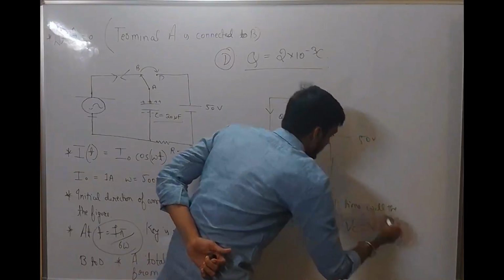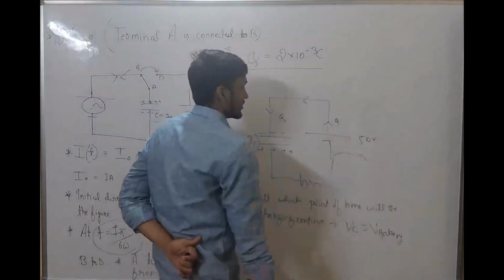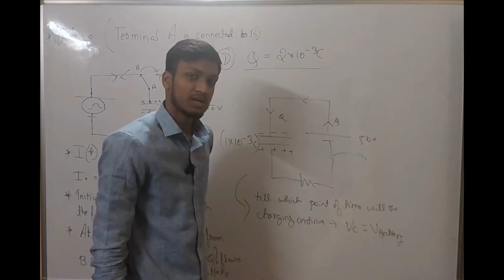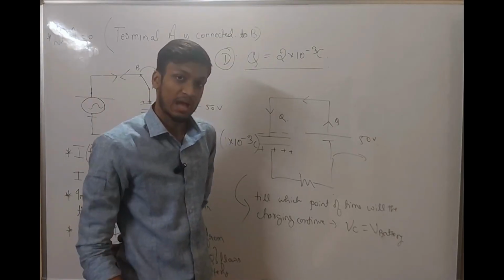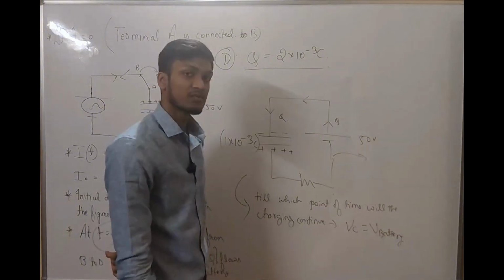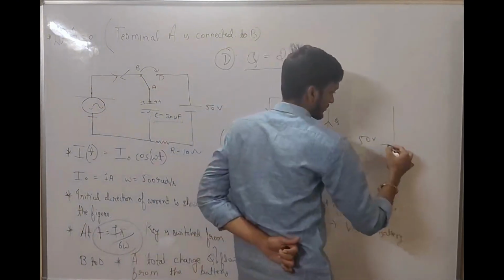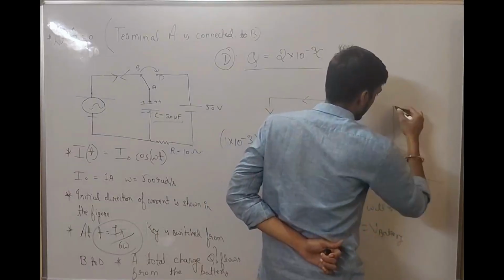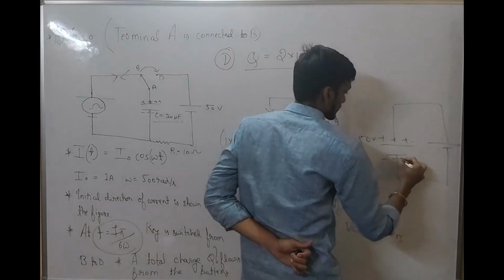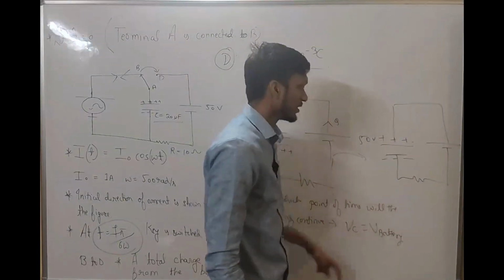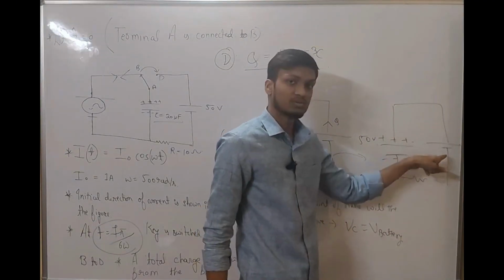So finally, when the circuit has reached equilibrium and all the charges that must have been passed from the battery to the capacitor have passed, finally the circuit would look something like this. And finally, it would have a potential that is equal to 50 volt.